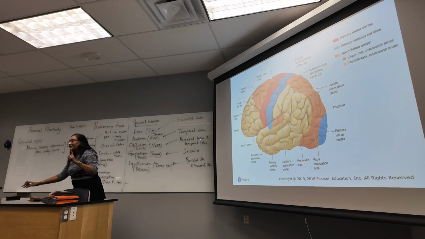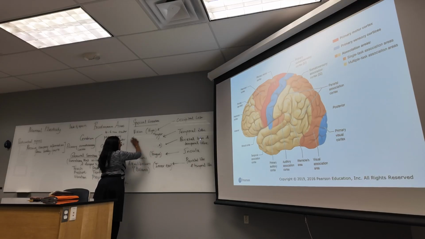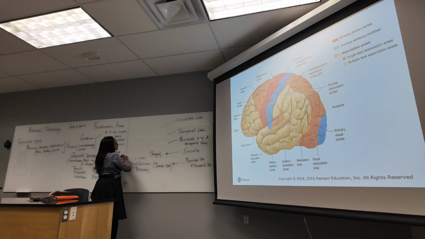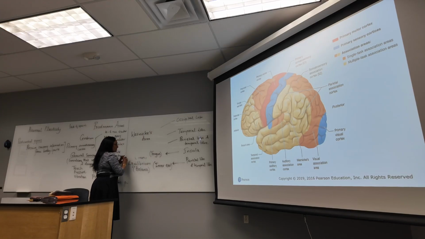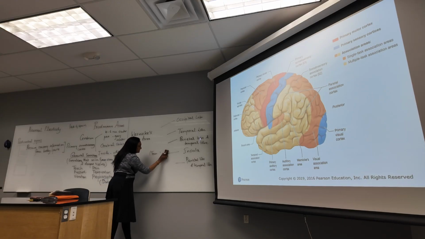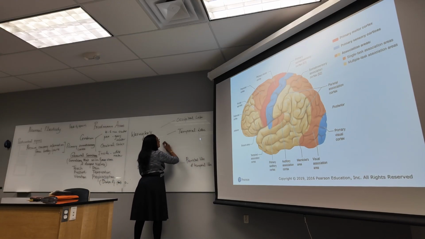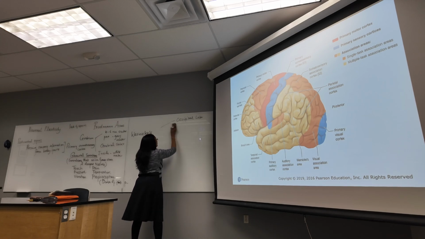So Broca's area is the motor speech area, and this one is called Wernicke's area. So where is Wernicke's area? It is where the parietal lobe, the occipital lobe, and the temporal lobe meet. Okay, that's where you have Wernicke's area.